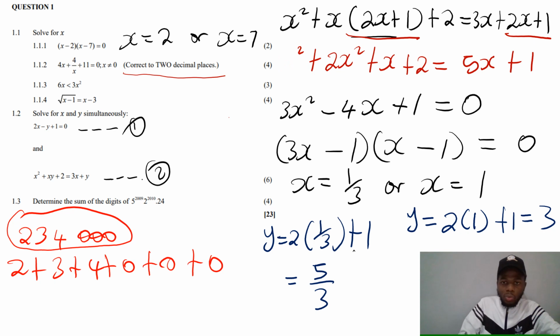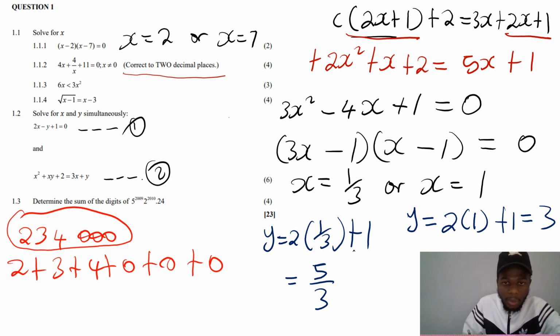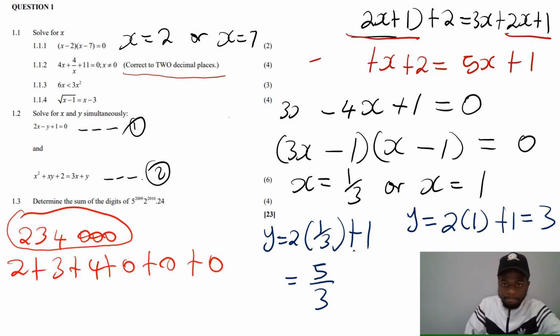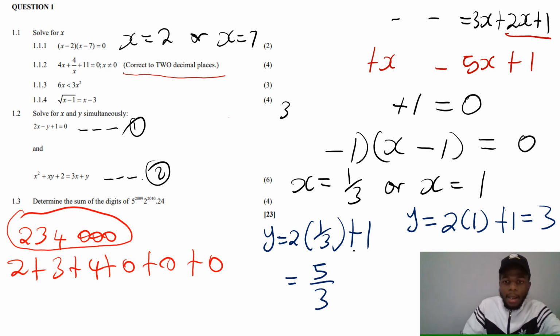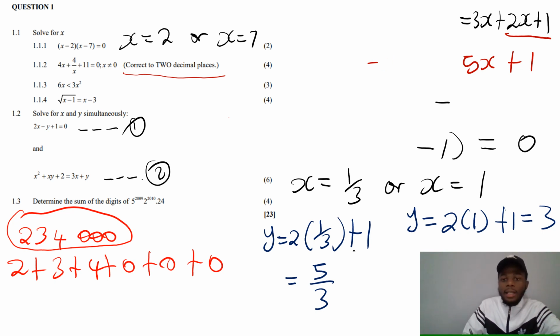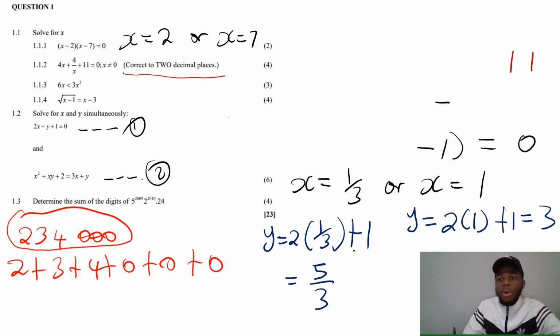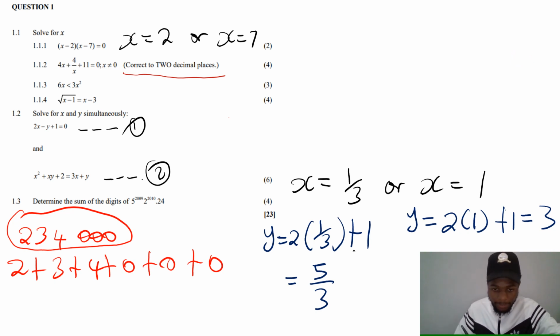So let's see with this one, because we are given 5 to the exponent 2009 multiplied by 2 to the exponent 2010, and we are also given multiplied by 24. Okay, so let's solve this one.